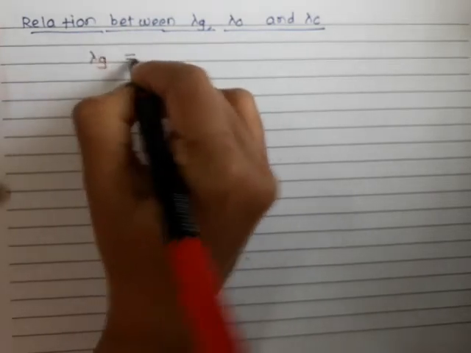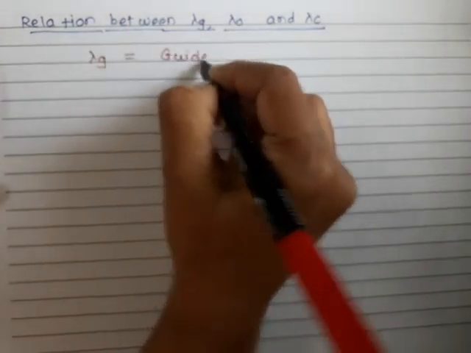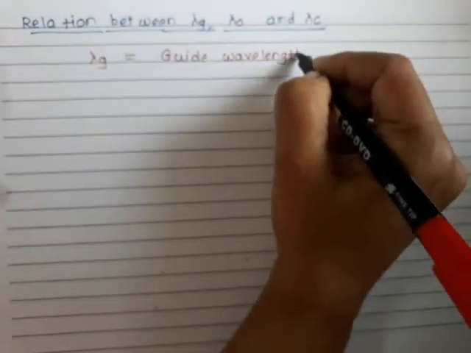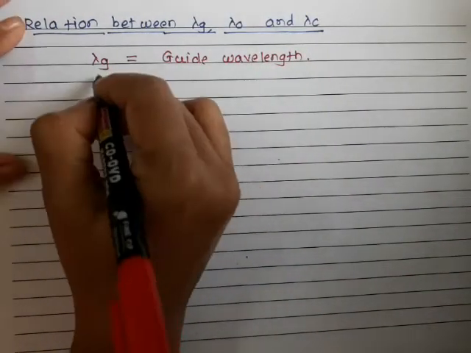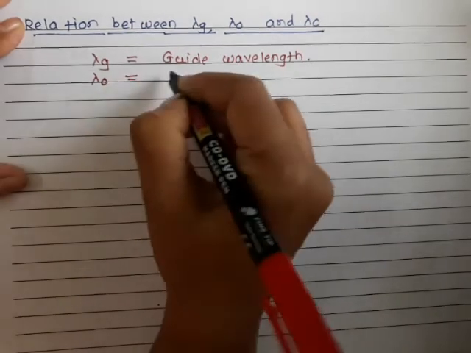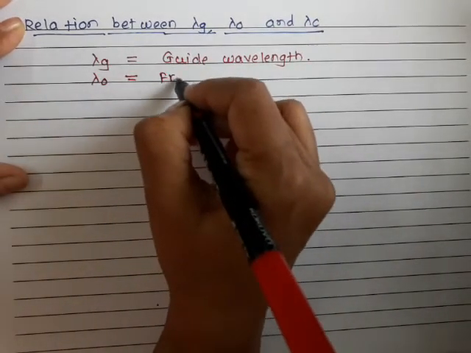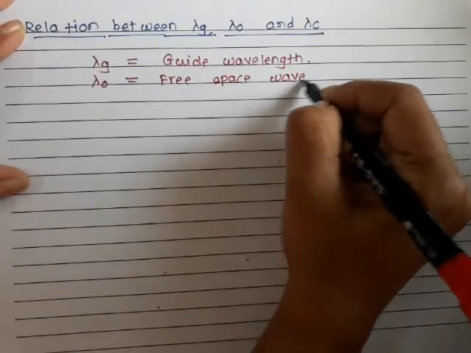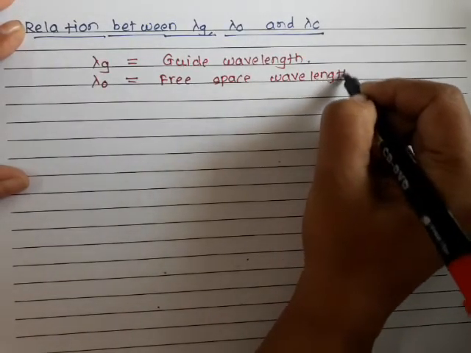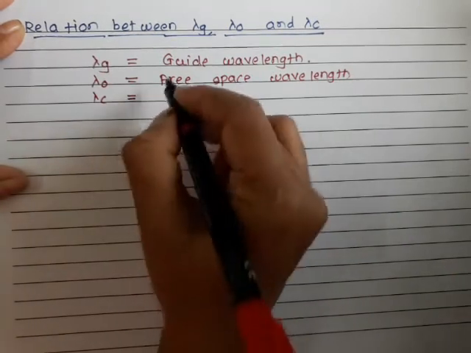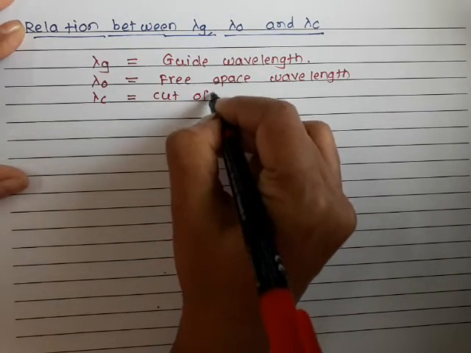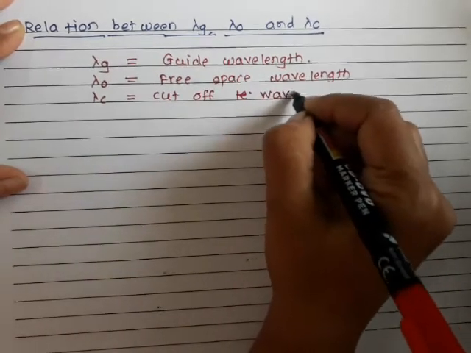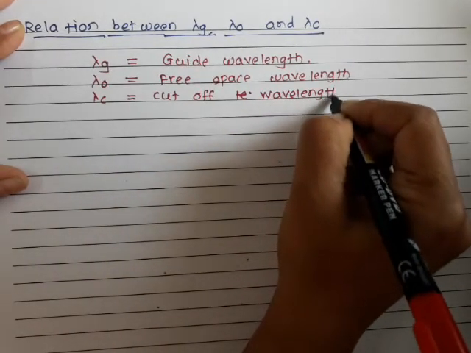Lambda g is nothing but the guide wavelength, that is the length required to undergo 2 pi radians while traveling through the waveguide. Lambda 0 is the free space wavelength, and lambda c is nothing but the cutoff wavelength. Okay. Now we will see the relationship of these three.